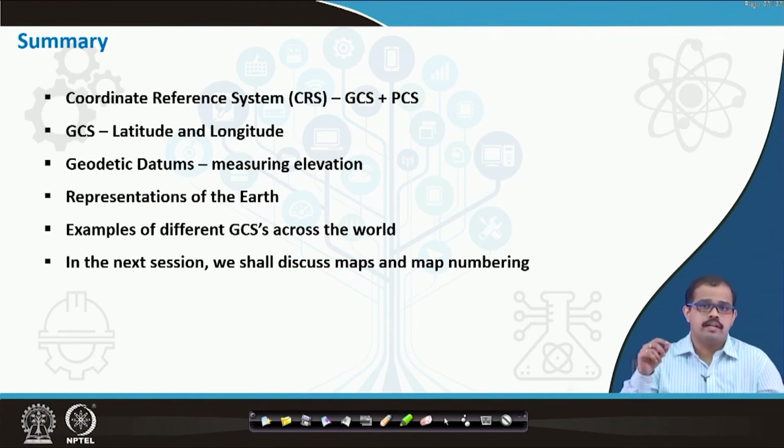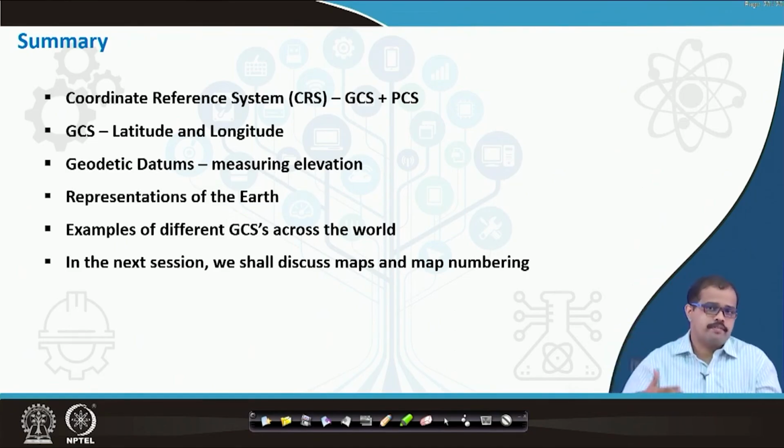If you open any of your toolboxes or software, for example, go to the georeferencing tool and open up the referencing system, you can find a huge list of referencing systems. Each country has its own way, each organization has its own way, each user has his or her own way of representation.